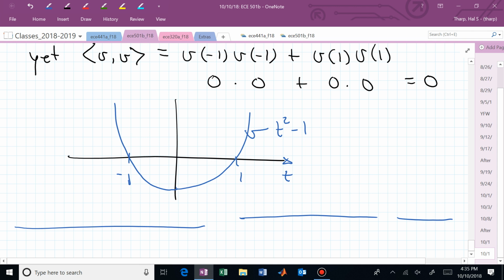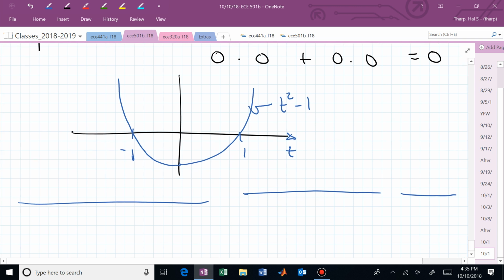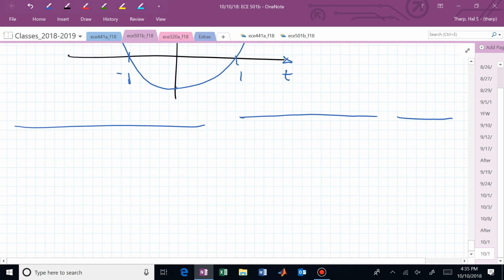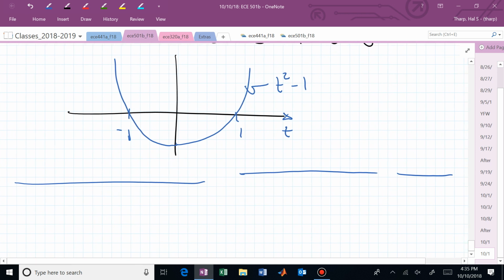If it was a cubic, it could have 3 zeros, so we need to sample it at 4 locations. If it was a 4th order polynomial, now it could have 4 zeros. We need to sample it at 5 places. That's the idea, because definiteness can be violated if we sample at fewer than n plus 1 locations of those vectors.